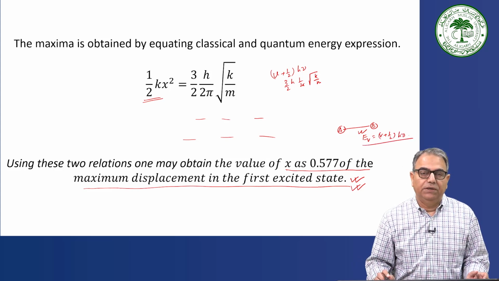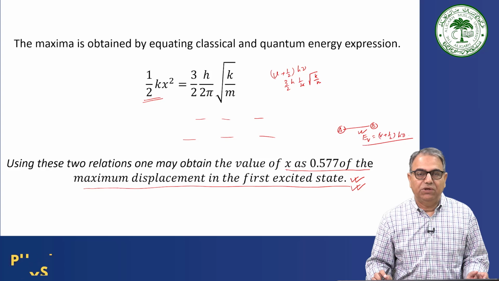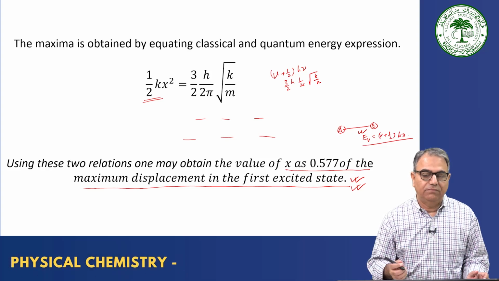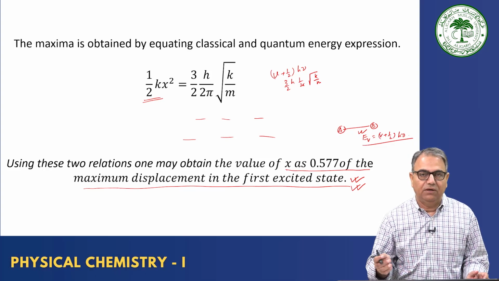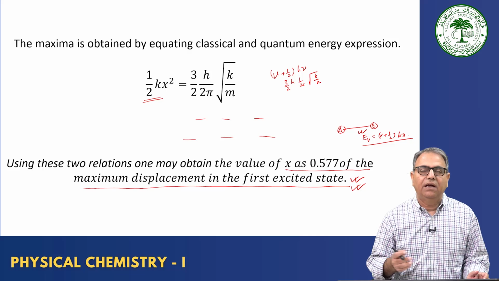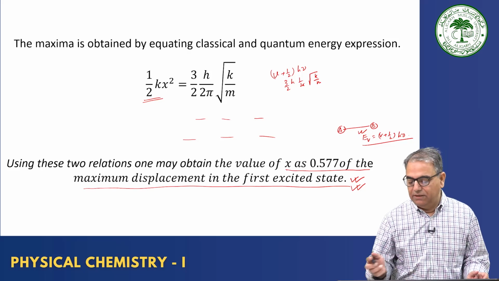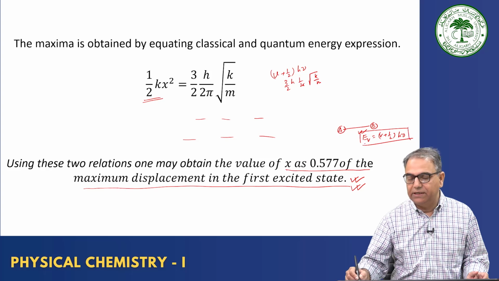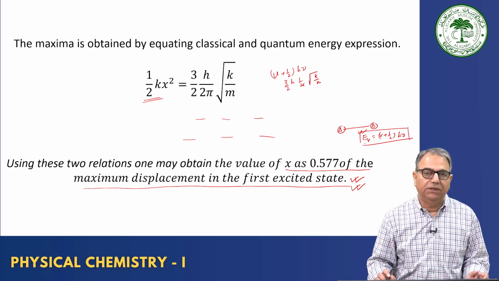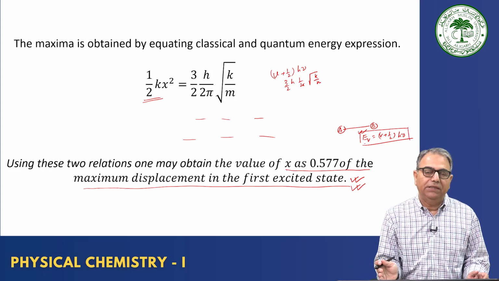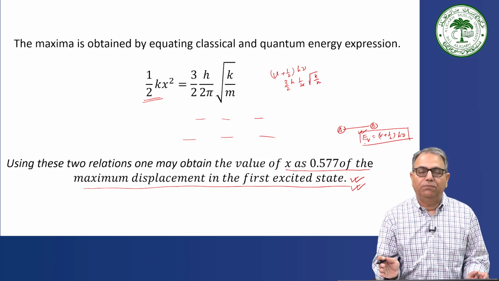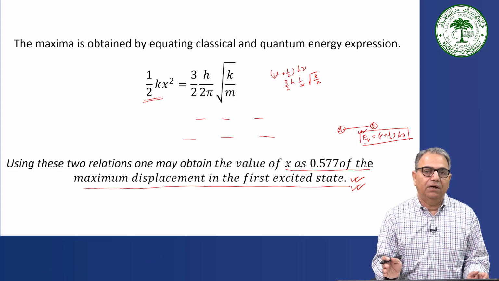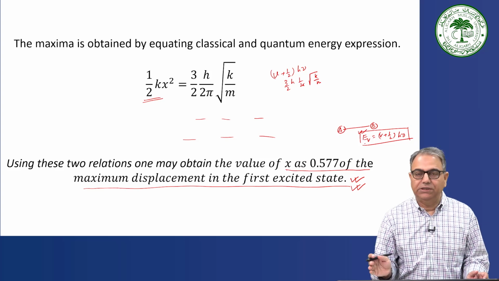IR spectroscopy. You know the application of IR spectroscopy: in organic chemistry, for all organic molecules when you synthesize them, or any other molecule, IR is the normal routine experimental technique used in chemical laboratories. But the theory behind this is the application of the Schrodinger wave equation to the simple harmonic oscillator. Of course, this equation applies only as long as the oscillation is harmonic.